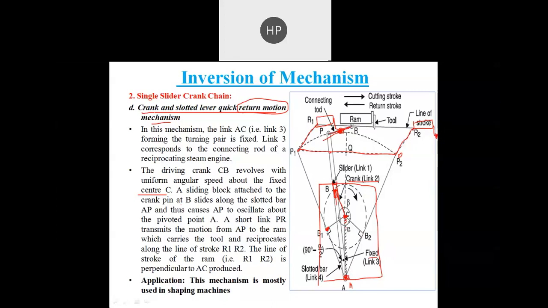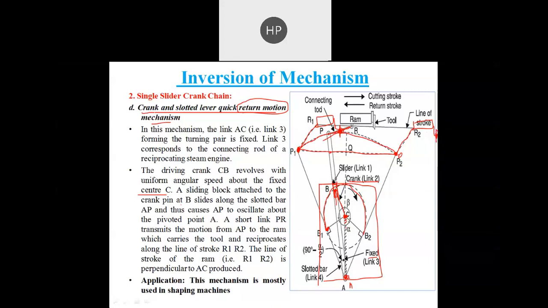In that case your point P will be at P1 and your ram will be at the last point here. Now as the crank moves from B1 to B2 like this, the point oscillates from P1 to P2, and this is the extreme point.